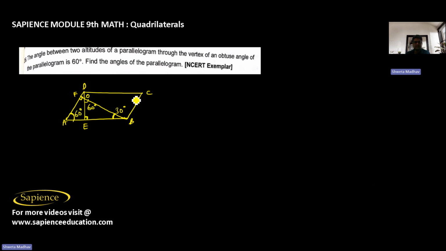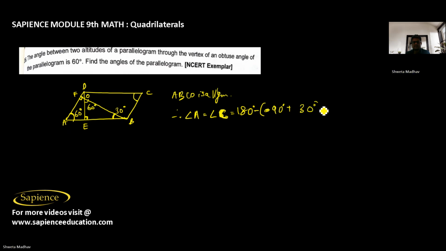So angle A and angle C should be equal since ABCD is a parallelogram. Angle A equals angle C, which is equal to 180 minus (90 plus 30), since these two angles sum to 120.